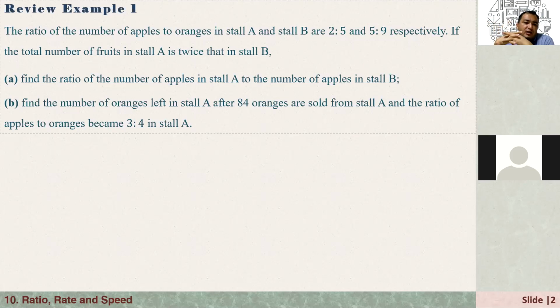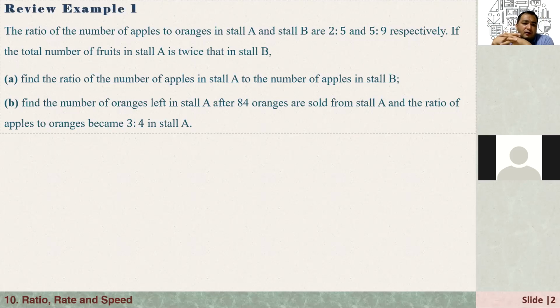The ratio of the number of apples to oranges in stall A and stall B are 2 to 5 and 5 to 9 respectively. Let's read it quickly, and after that we will reread it and set up our equation.